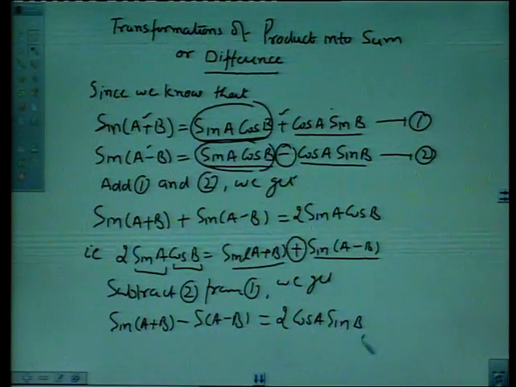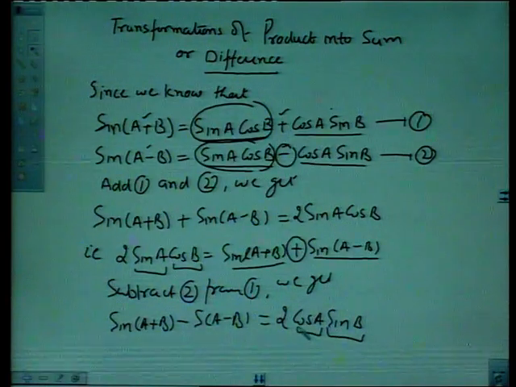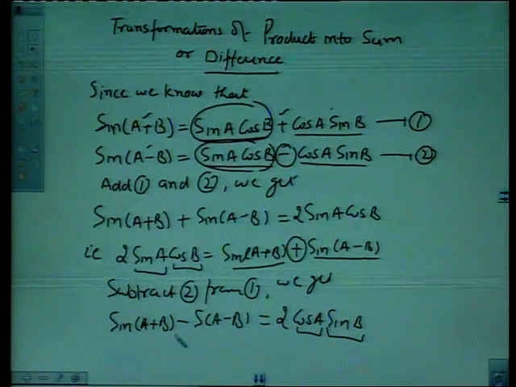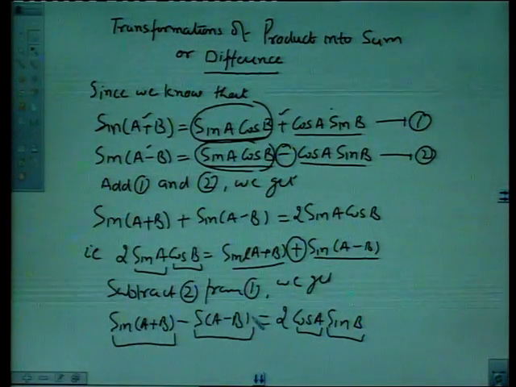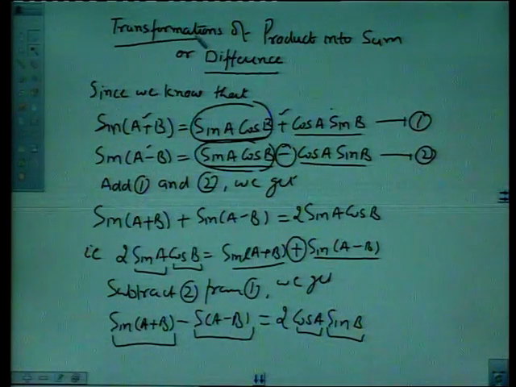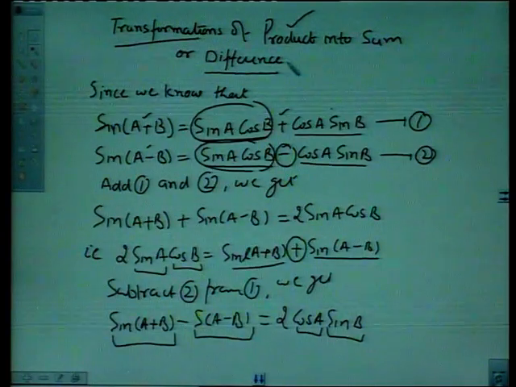Now, we are writing the product of cos A and sin B as a difference of sin A plus B and sin A minus B. It means we transform the product into difference.